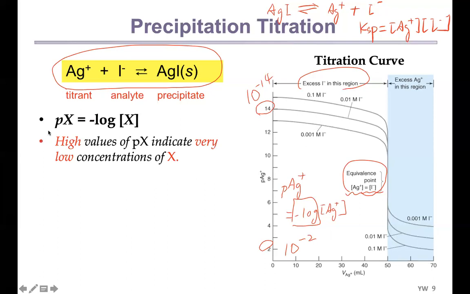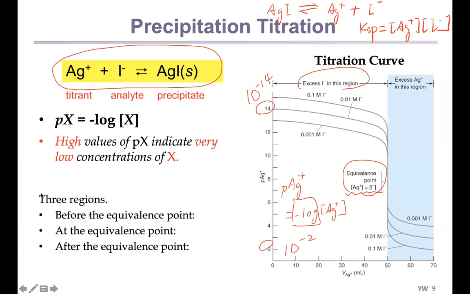And we already talked about this. The pX is defined by negative log X. High values of pX indicate very low concentration of X, and low values indicate relatively high concentration of X. And we have three regions, as I mentioned: before the equivalence point, at the equivalence point, and after the equivalence point, okay?